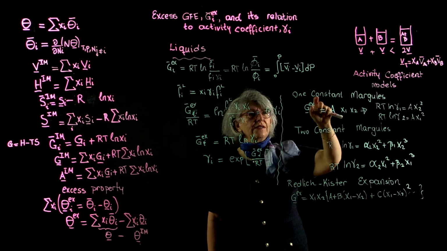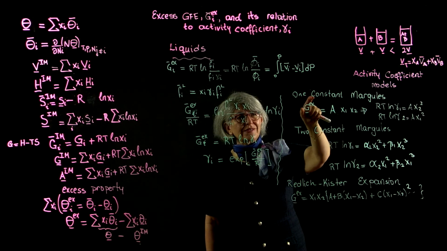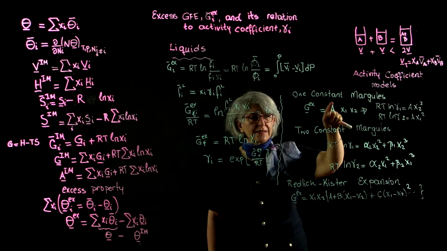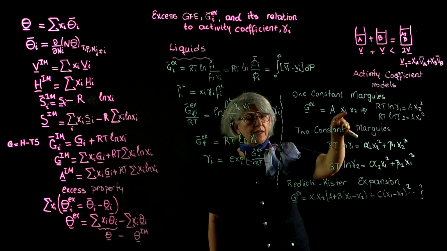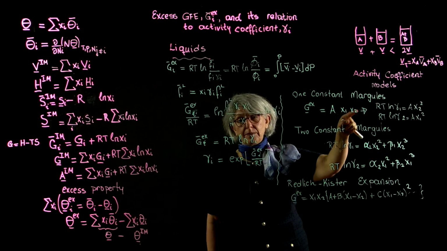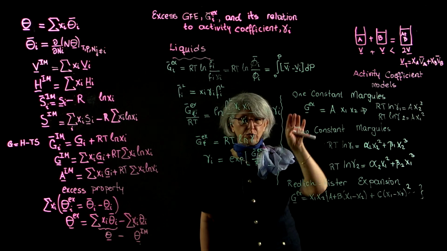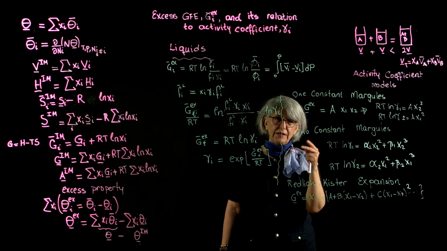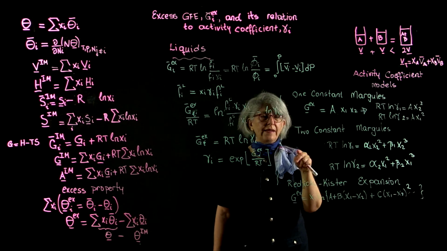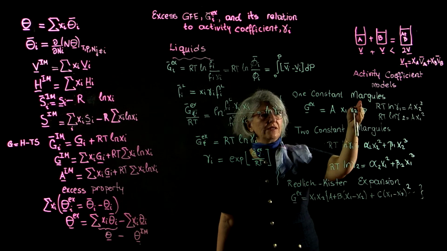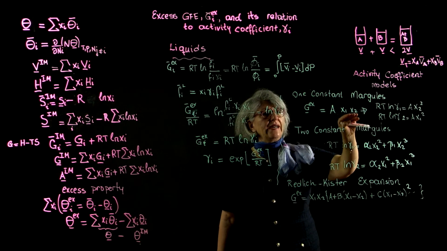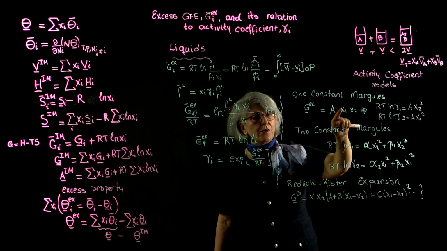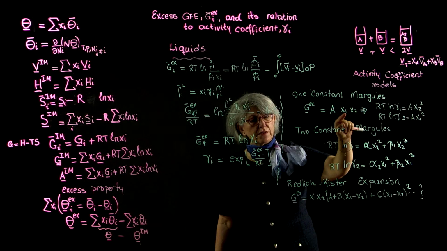So this one constant Margules expression starts with a total excess Gibbs free energy of having a constant A multiplied by x1 multiplied by x2. So we are talking about a binary mixture. We have species 1 and species 2, and this expression has zero excess Gibbs free energy at both pure fluid coordinates.